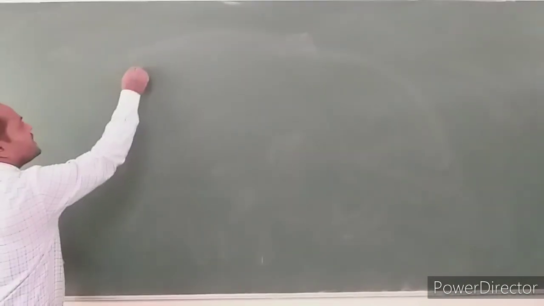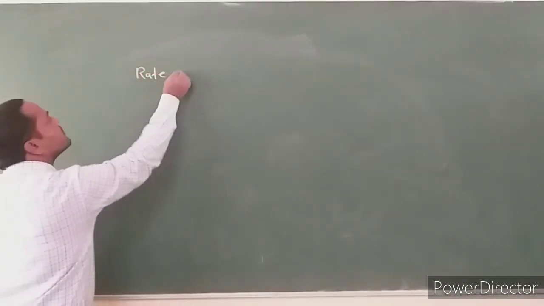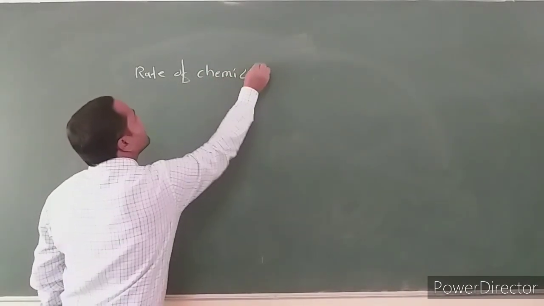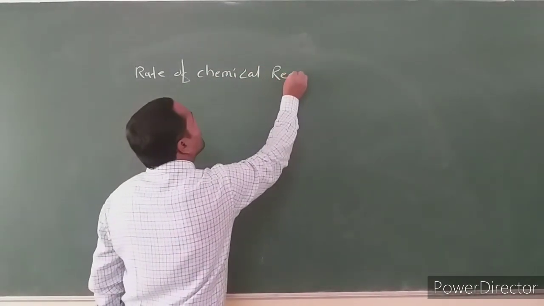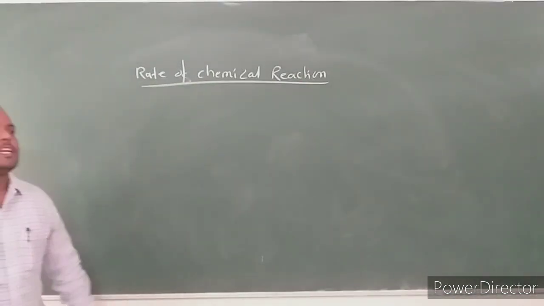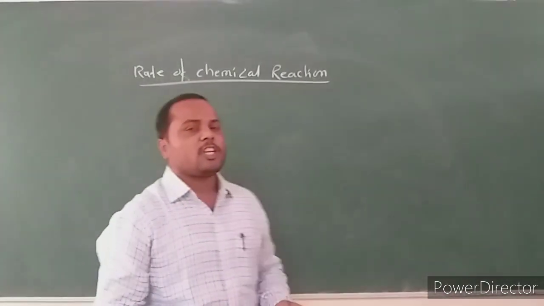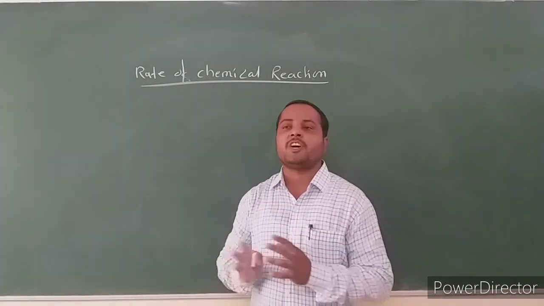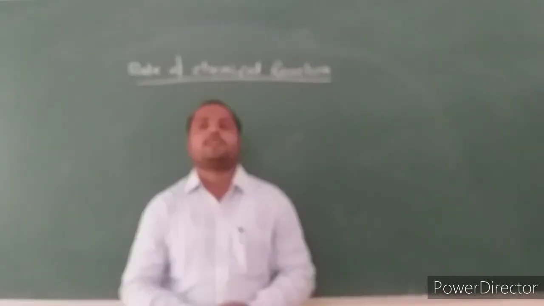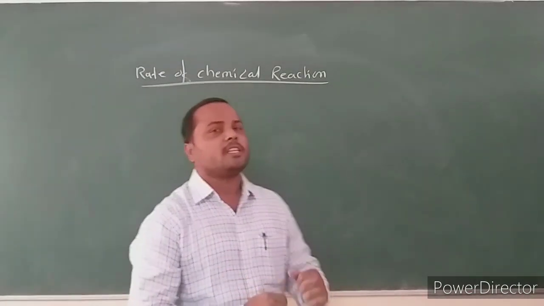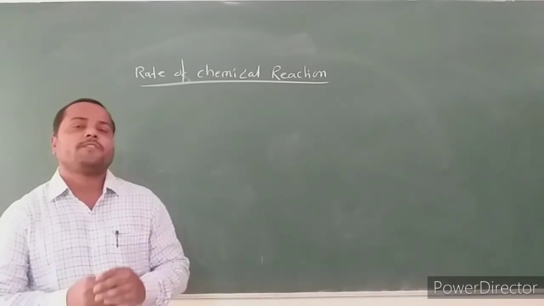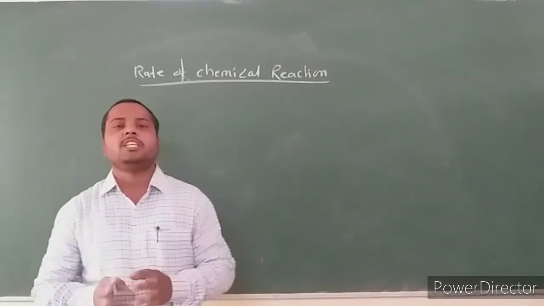Then what is the definition of the rate of a chemical reaction? Rate of chemical reaction means speed of reaction, velocity of reaction. The rate of chemical reaction is defined as the change in concentration of reactant or product in unit time.